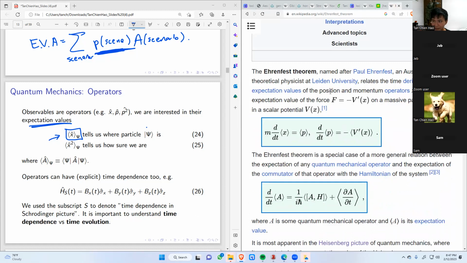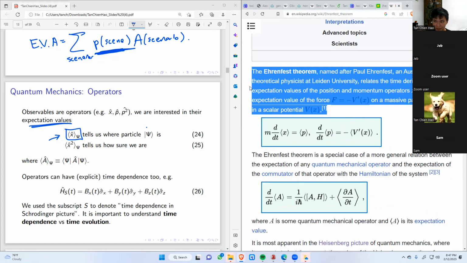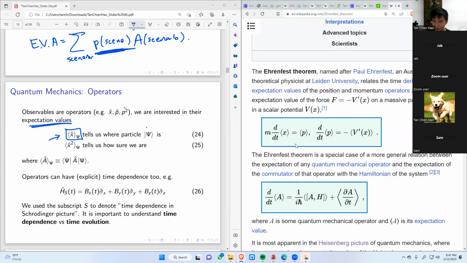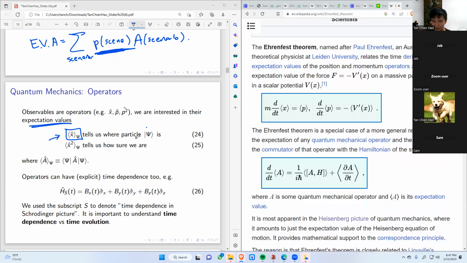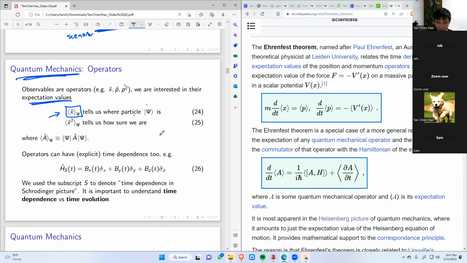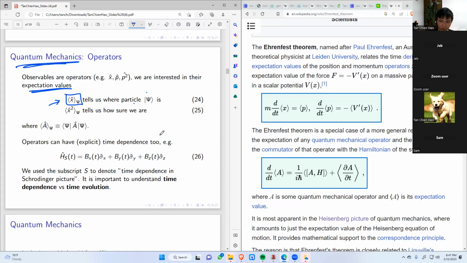Ehrenfest's theorem tells us that in quantum mechanics, yes, you have uncertainties and all that, but if you calculate the expectation values, the average, you actually recover classical mechanics. So essentially, quantum mechanics is all about expectation values of operators, all the Hermitian operators that we have. These are the things that we want to calculate.